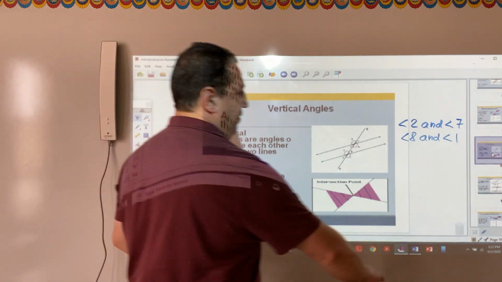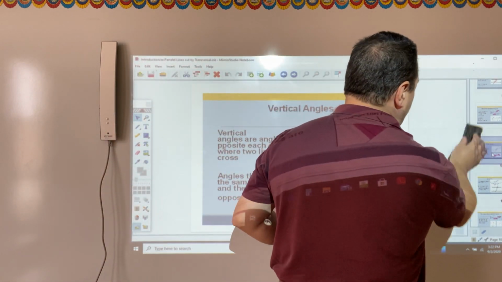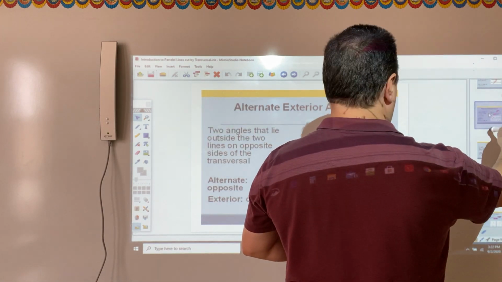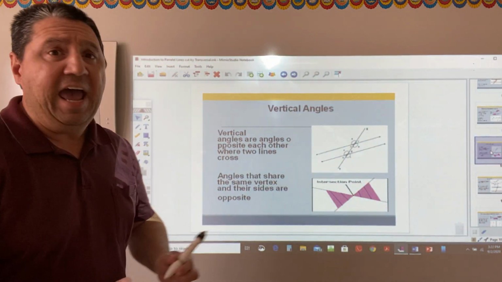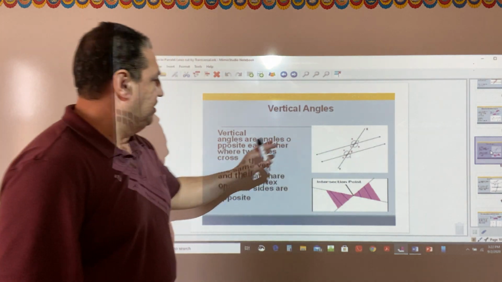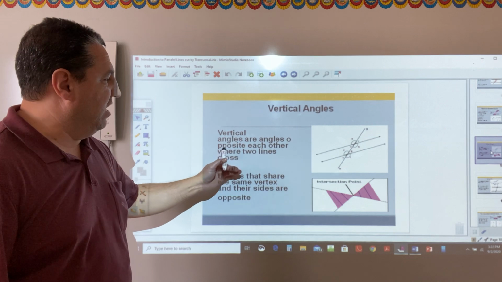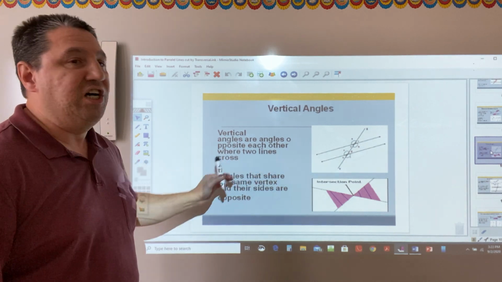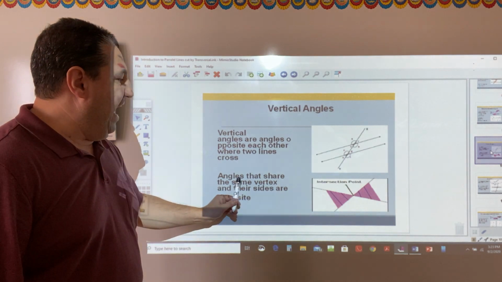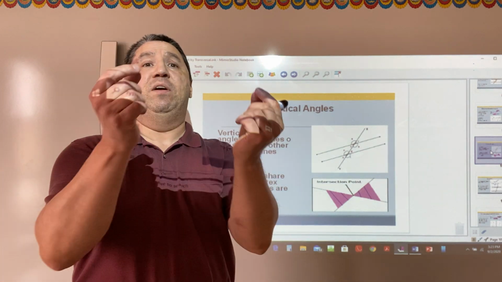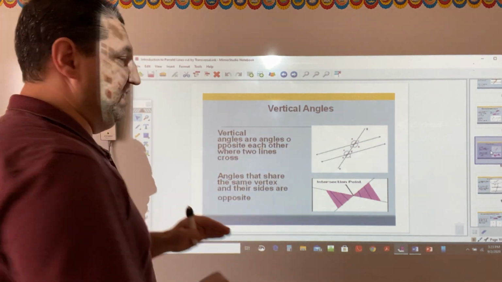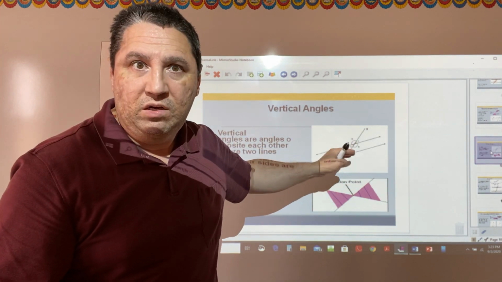Another type of angles are, let's say, vertical angles. We should be familiar with vertical angles. Vertical angles are angles opposite each other when two lines cross, yeah? So angles that share a common vertex and their sides are opposite are called vertical.